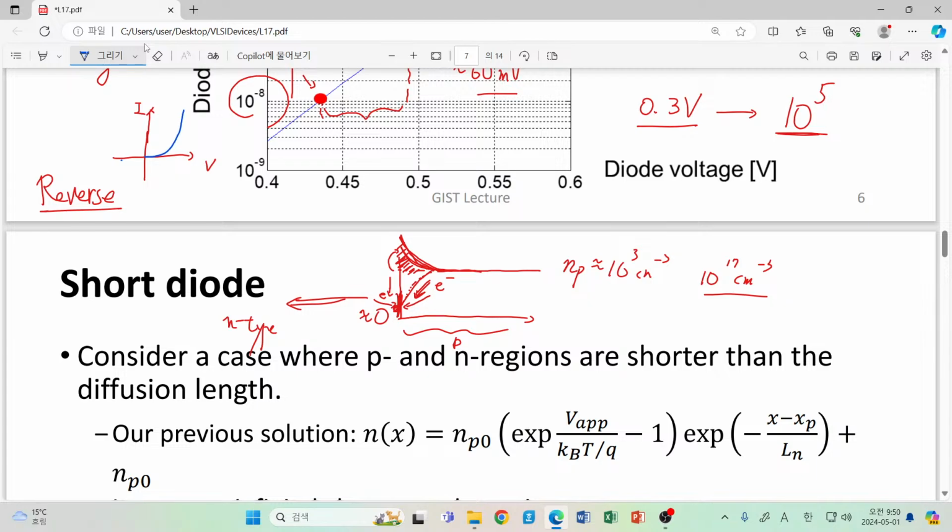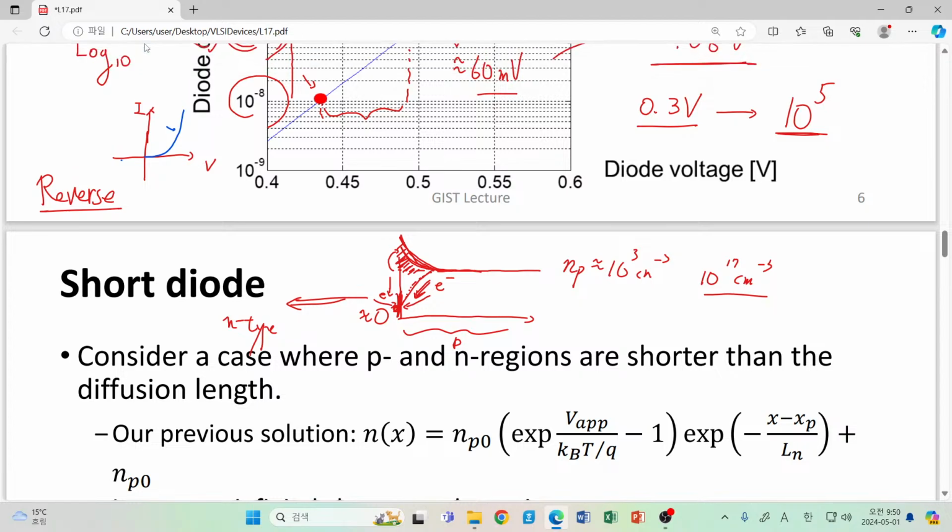We have such a steep change because your excess minority carrier varies quite steeply with respect to applied bias.